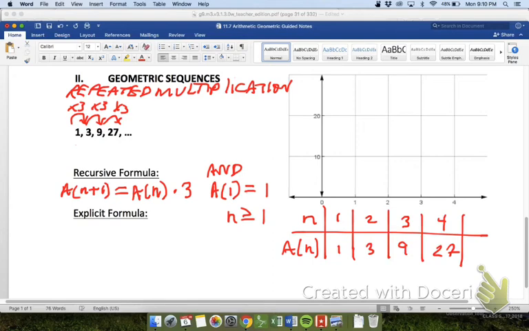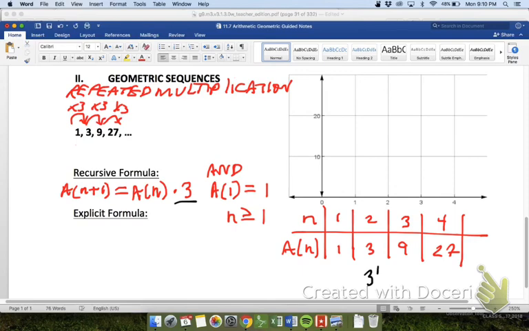Okay, so here's our table of values. And then I can think about writing each of the numbers in my sequence as a power of 3. And I know it's going to be 3 because that's my repeated multiplication that I notice. So I'm going to start with the one that's easiest to see, which is the number 3 itself. So I know 3 is 3 to the first.